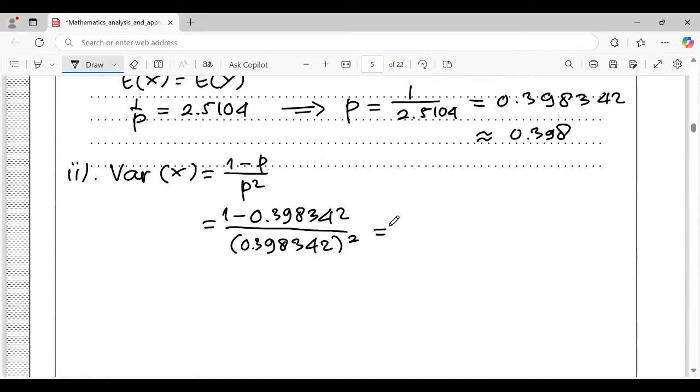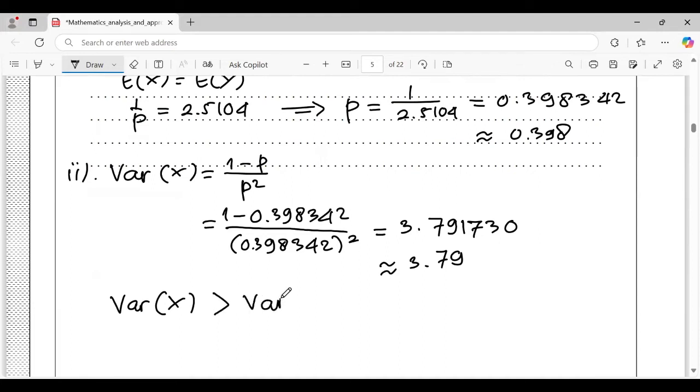The result is 3.791730, or rounded to 3.79 to three significant figures. So if you compare variance X and variance Y, variance X is greater than variance Y. Part 3.